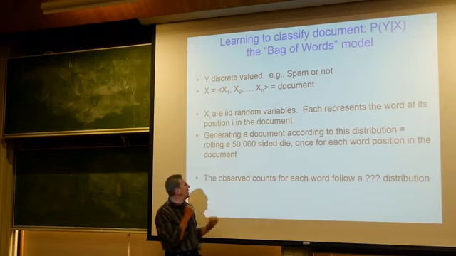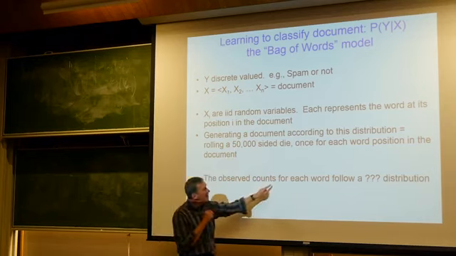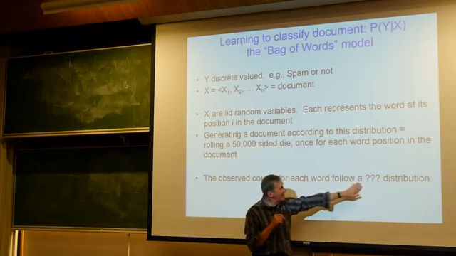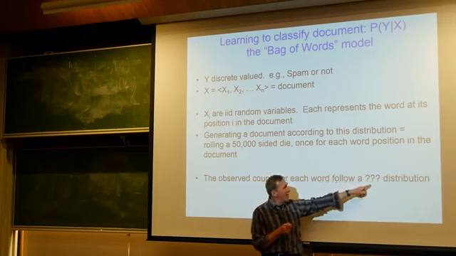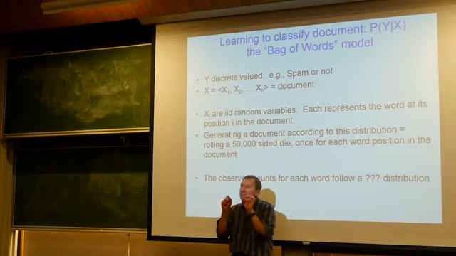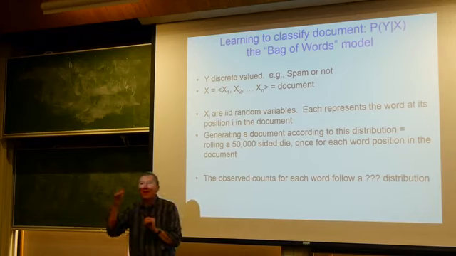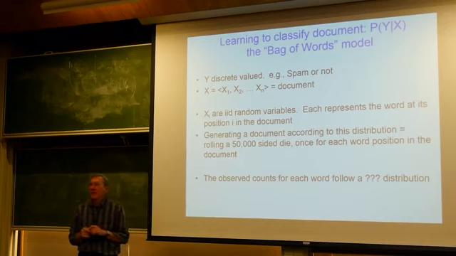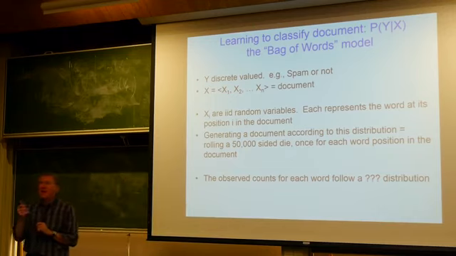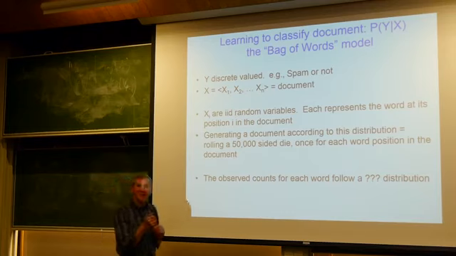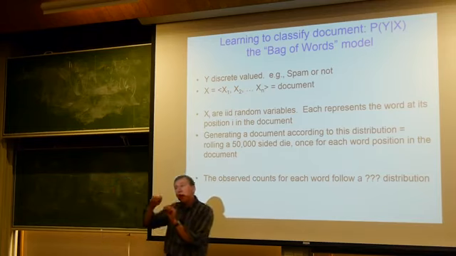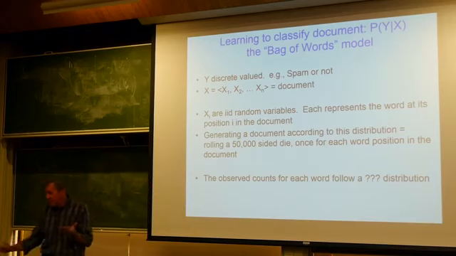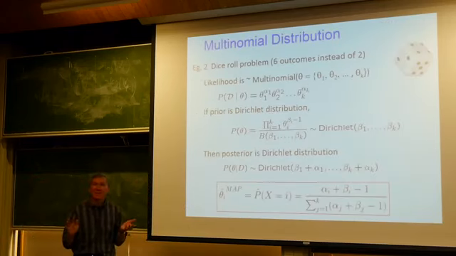And so if I roll that 50,000-sided die n times and create a bag of n words, and I count how many times each word occurs out of my 50,000 distinct words, that's like flipping our coin and counting how many times it was heads or tails. But now instead of only 2 possibilities, we have 50,000, right? And we talked about that.